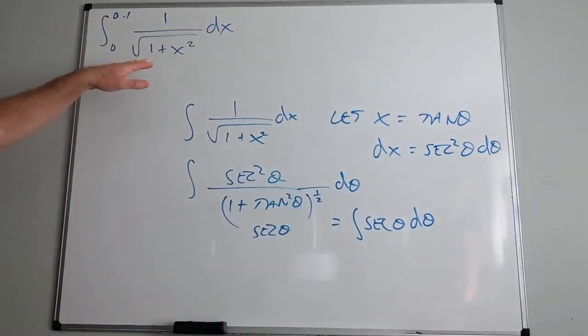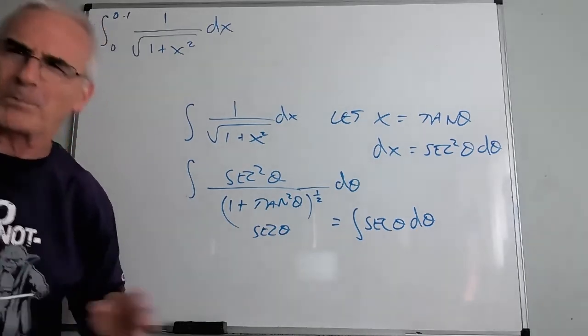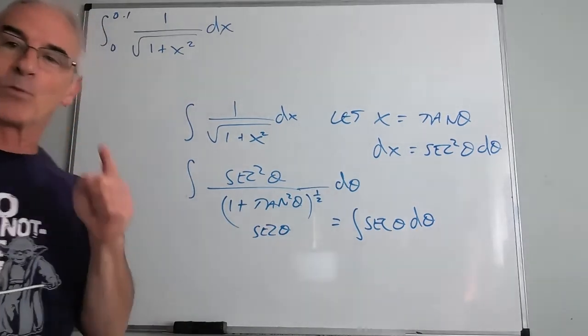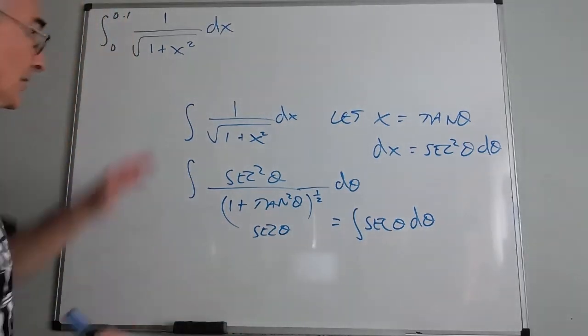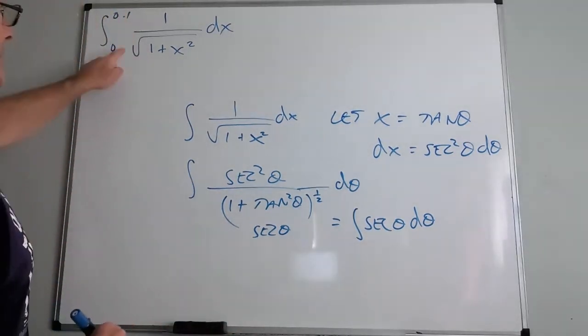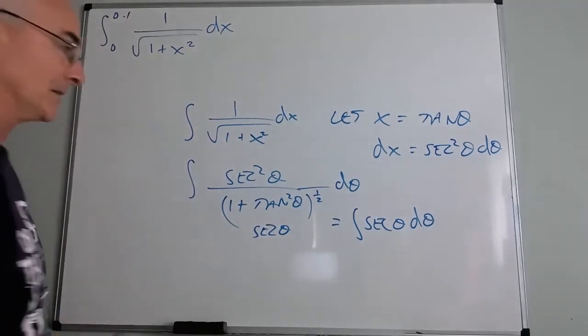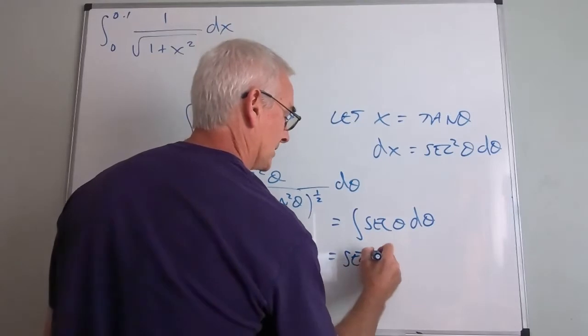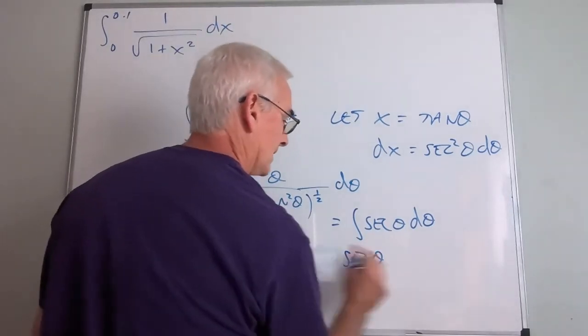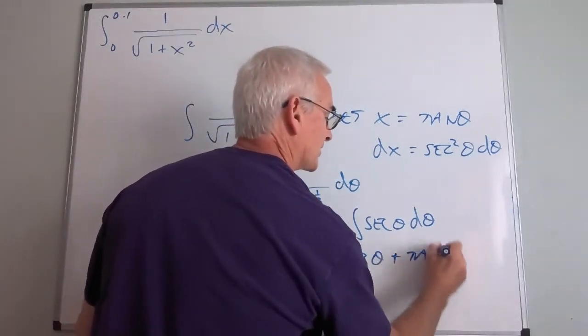This isn't a formula. A lot of people say, well, is that like inverse something? No. If it were 1 minus x squared, it would be inverse sine. But there's no 1 plus x squared under the root. Not like that. I would need an x on the outside for it to be inverse secant. So I got this. And therefore, it's going to be secant theta plus tan theta inside the log.